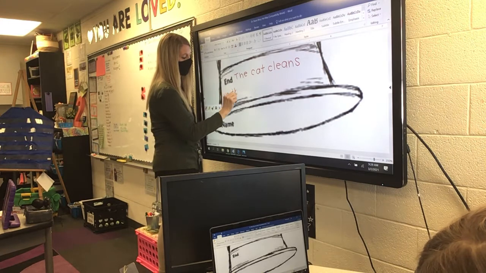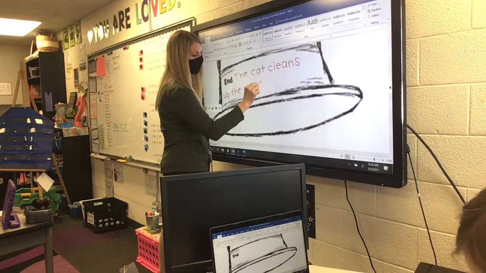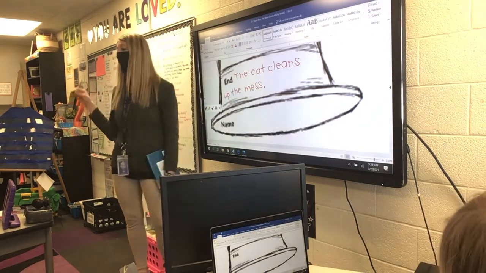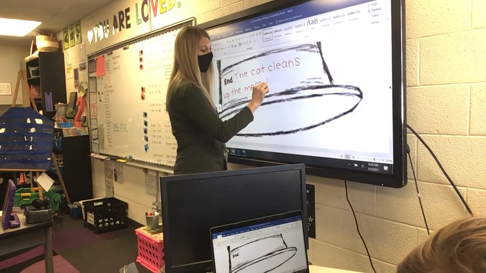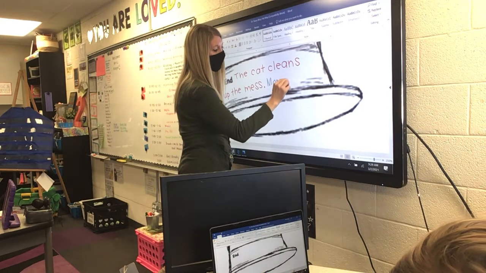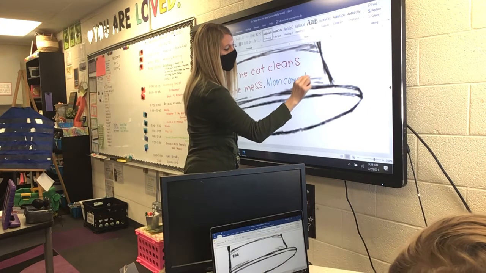If you don't know how to spell calm, I don't know what you. Actually, cat in the hat's nice. I'm also going to put two sentences. I'm going to say mom comes home because that's an important detail in the story. Mom comes home at the end.